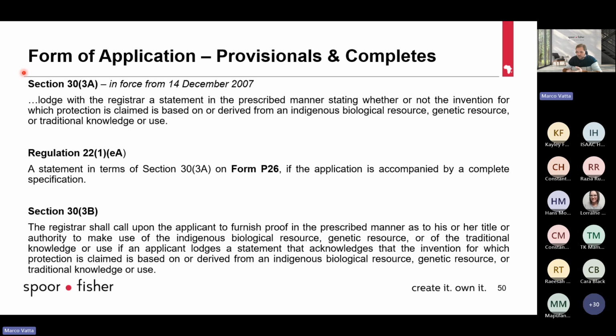And that is a very good example of where traditional knowledge was used unbeknownst to that community and without their benefit. That is one of the reasons why a declaration like this is so important, and one of the drivers behind the implementation of this declaration.